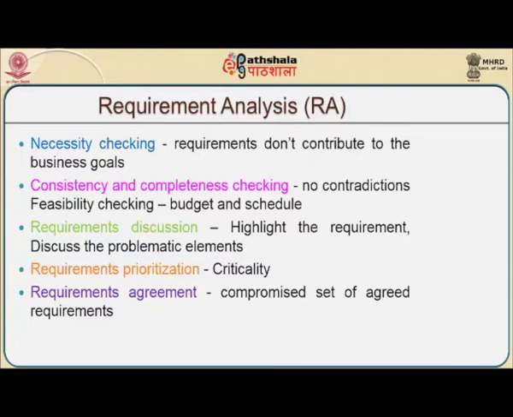Finally, the requirements are taken for agreement between the developers and the stakeholders, with a set of agreed requirements. This stage of requirements discussion and prioritization is followed by a feasibility check, where the requirements are checked for feasibility in the context of the budget and schedule available for system development.